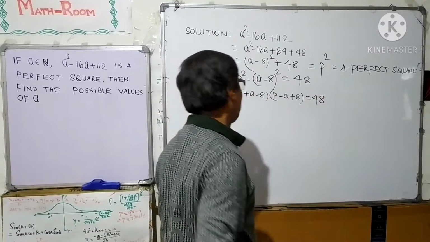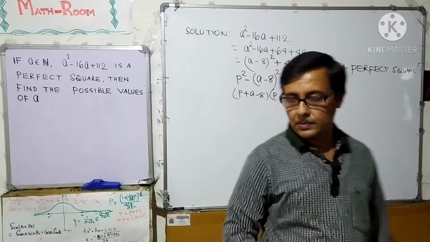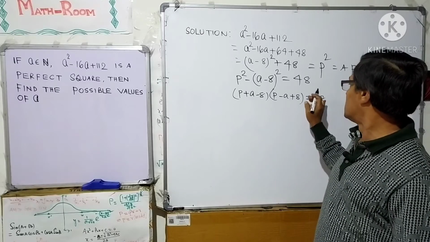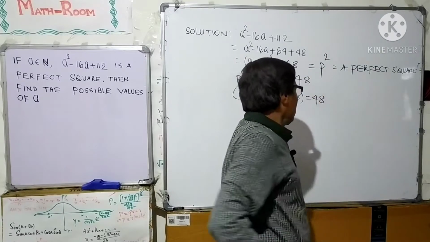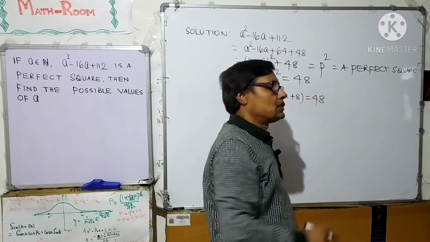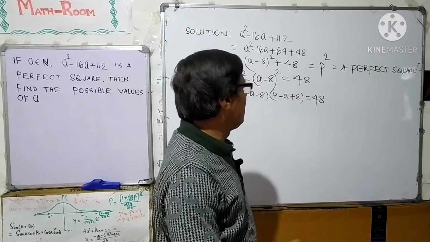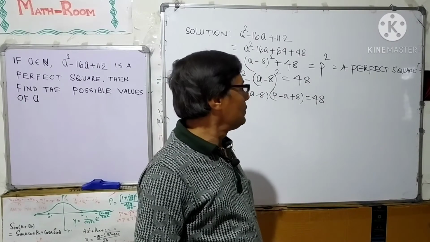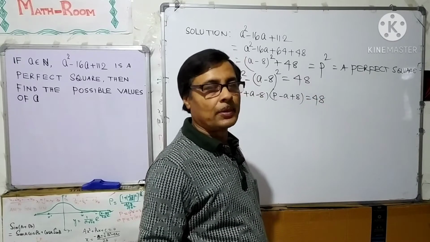This is the product of two expressions, p plus a minus 8 and p minus a plus 8. So, we have to write 48 as the product of its two factors or divisors. There are many ways to write 48 as the product of two natural numbers, which are also the factors of 48.